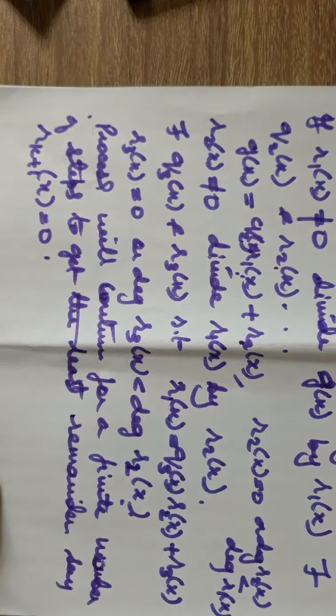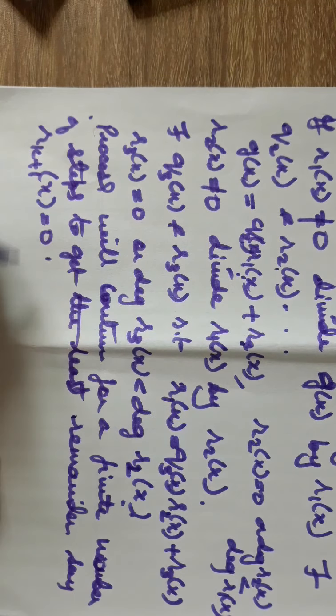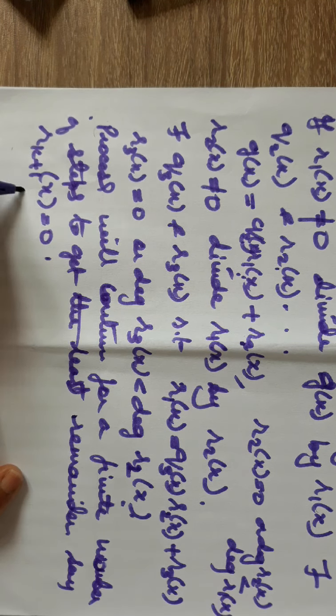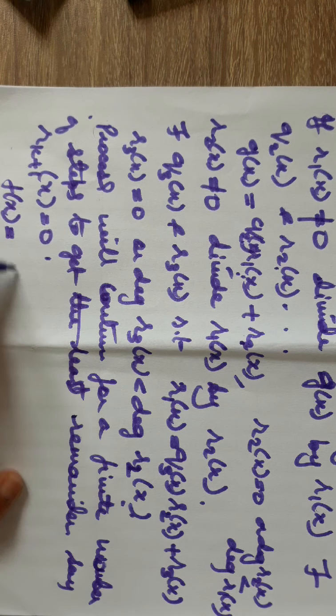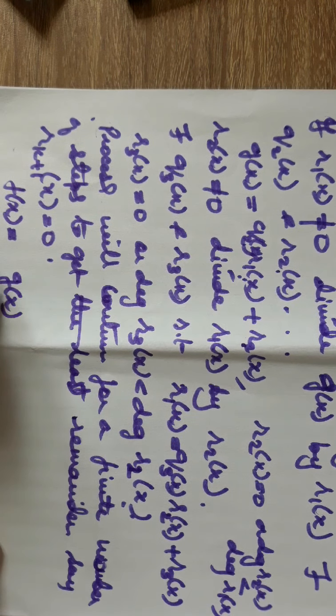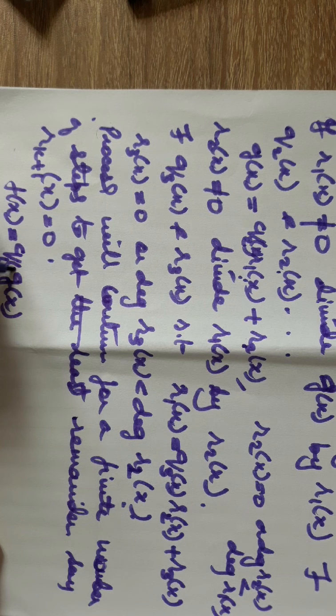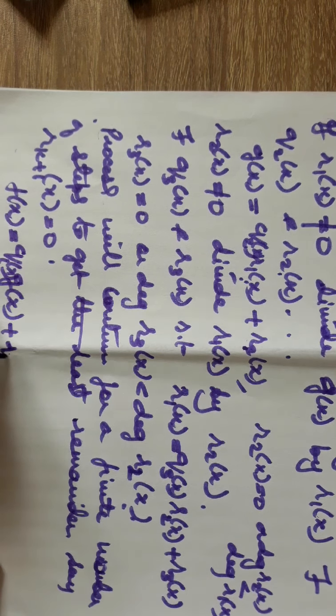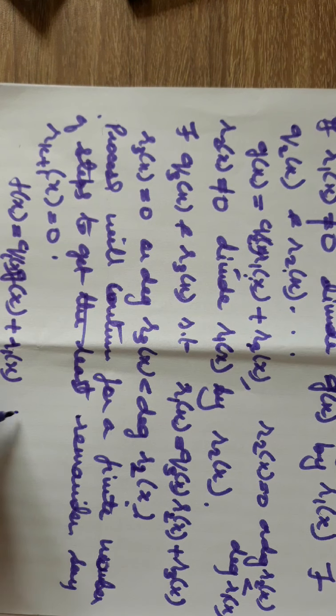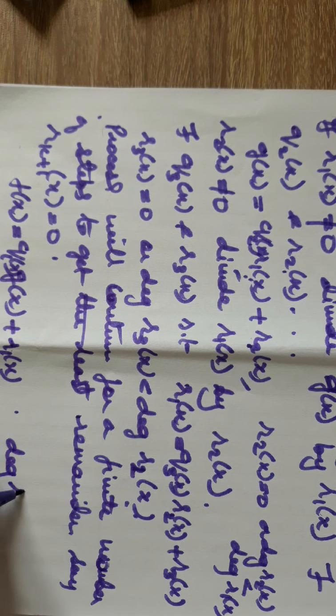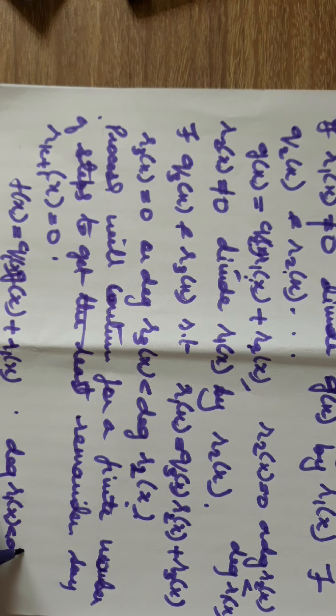So we thus have the following process of the division algorithm. You are given the polynomial f(x) and divide it by g(x), so there exist q1(x) and r1(x), where the degree of r1(x) is less than the degree of g(x).